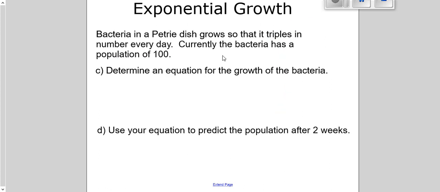Okay, so same problem. Determine an equation for the growth of bacteria. So we've got to think about how we can write this as an equation. So let's say we're going to let A equal the amount of bacteria.